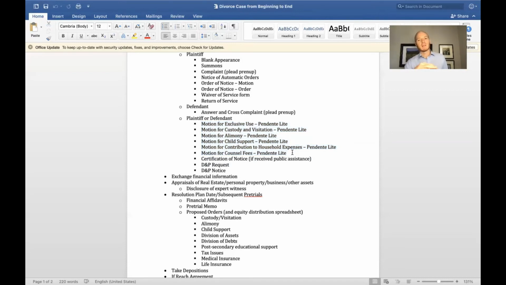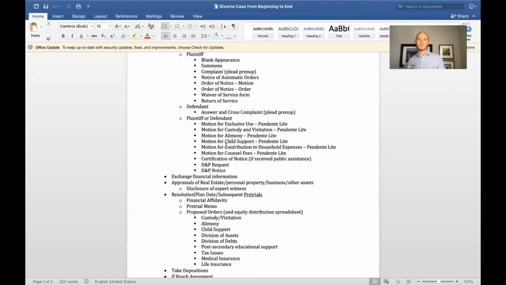So taking that aside, after these Pendente Lite issues are resolved and there is a status quo established, at the resolution plan date, the family relations may also determine, okay, there's financial issues that need to be resolved.